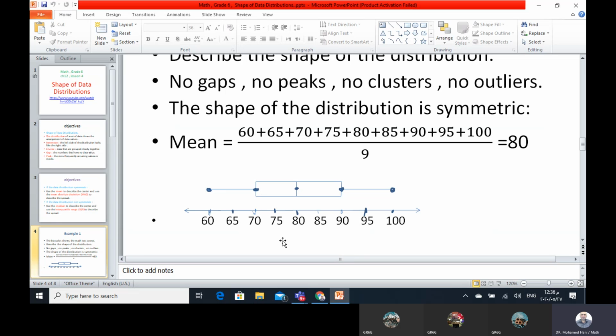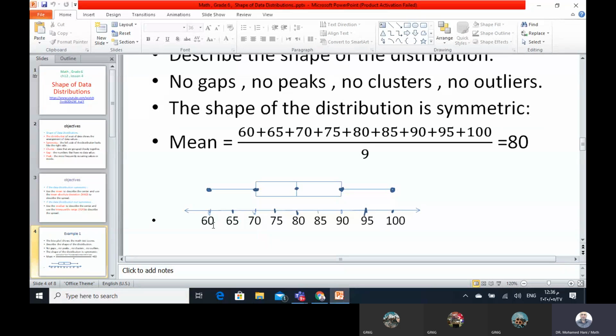Cluster means some data grouped near together or close together. But here we have each number in the place on the line plot, on the box plot. So no data grouped together, so I can write here no clusters, and no outliers.